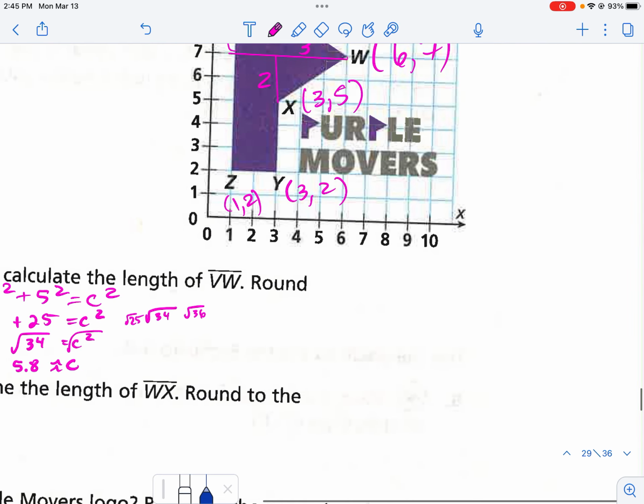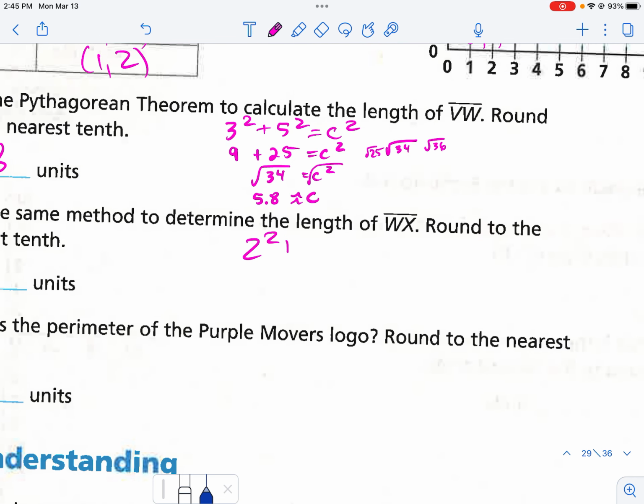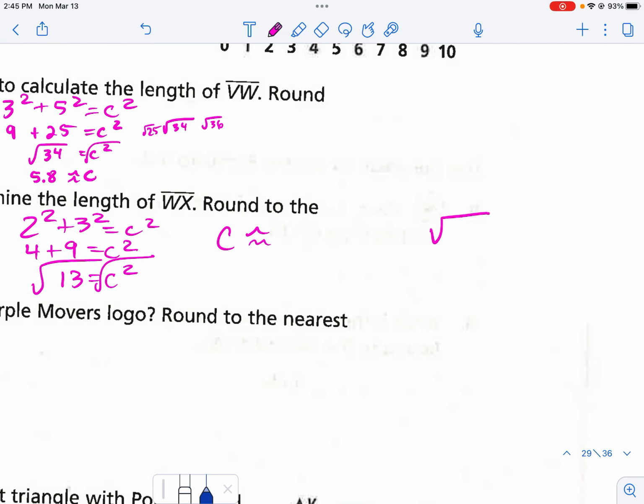So then that means I have 2 squared plus 3 squared equals c squared, or any other letter you want to use. So then I have 13 equals c squared. Take the square root. So c is going to be approximately, well, let's see. 13 is between 9 and 16.